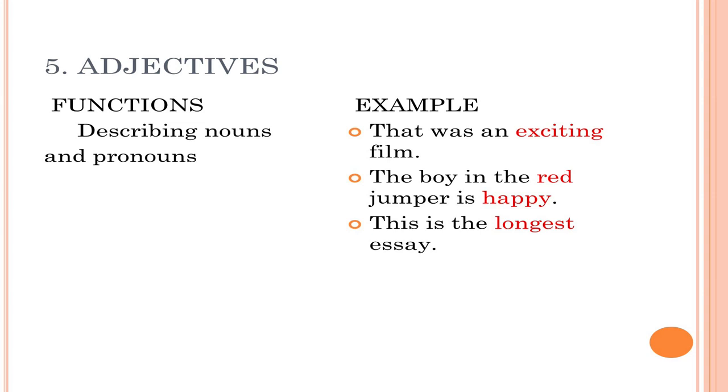It means that there could be a lot of boys in the hall, but for you to be able to know the particular boy that we describe to be happy, we say the boy in the red jumper. So the red jumper here has helped us to limit our description to a particular boy. So red is an adjective and happy also is an adjective.